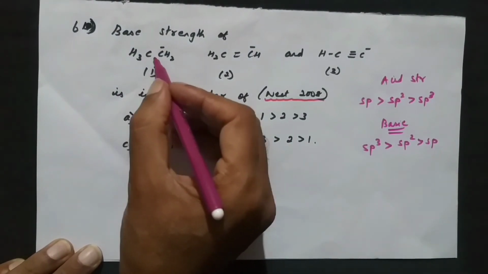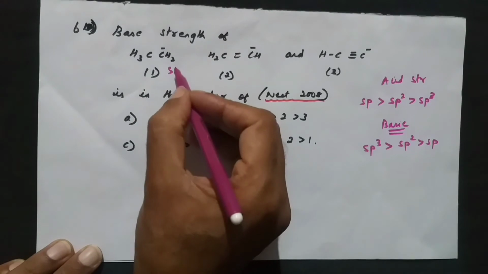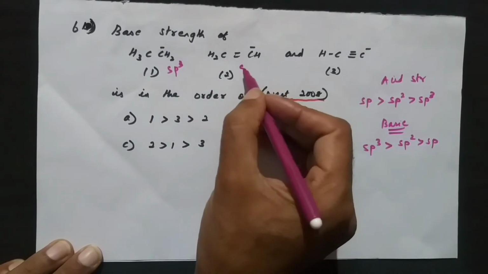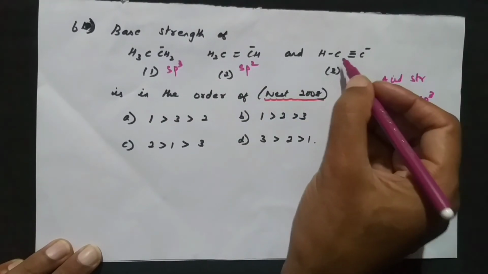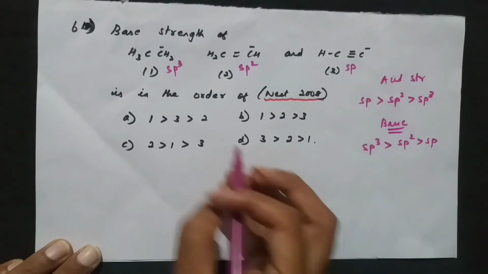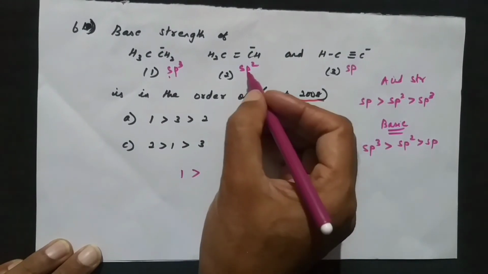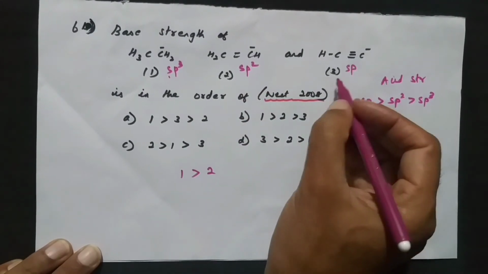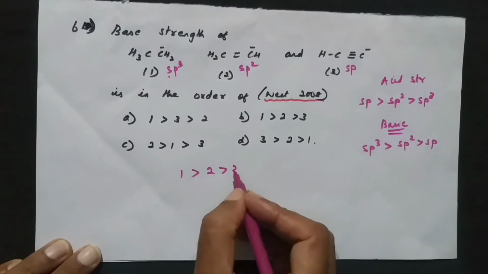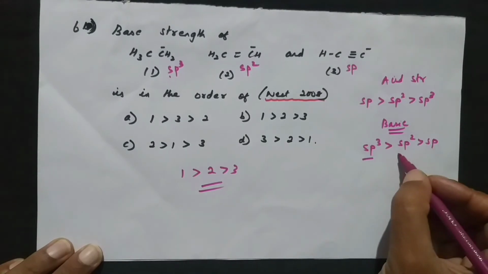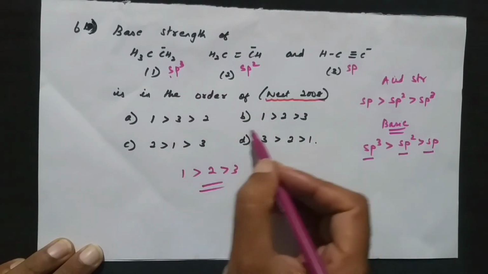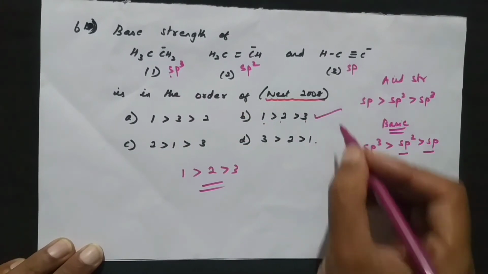Here you can see this structure, it is sp³ because of the single bond. Here a double bond is present, sp². Here a triple bond is present, it is sp. So this must be more basic. So 1 must be more basic than 2 (sp²), and it must be more basic than 3, because sp³, sp² and sp. So 1, 2 and 3.